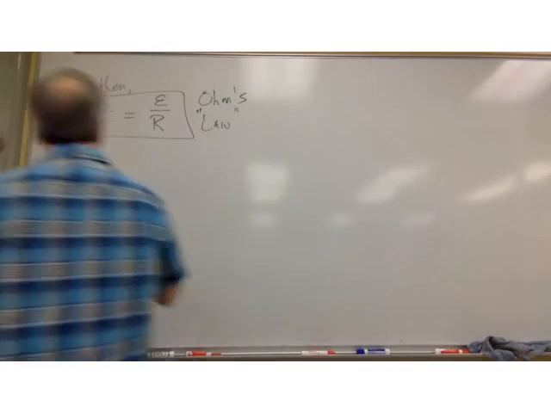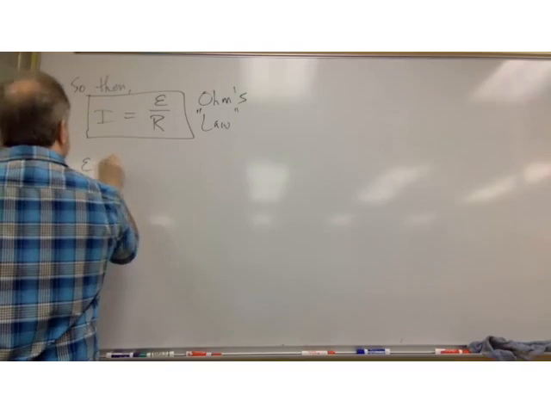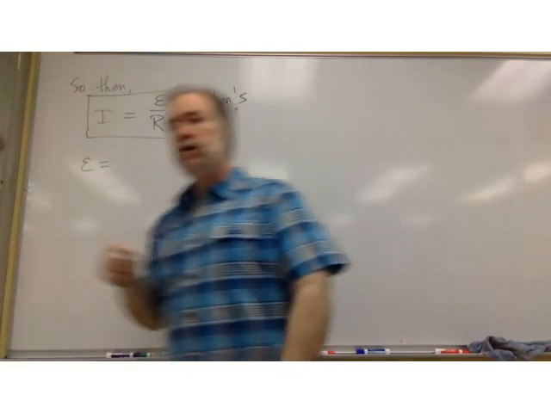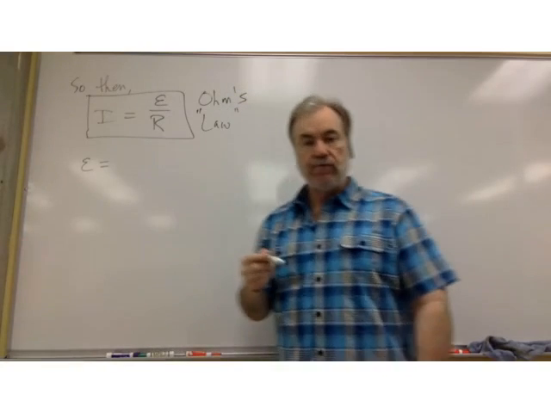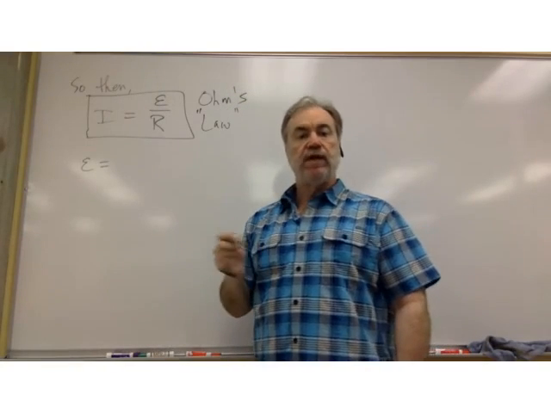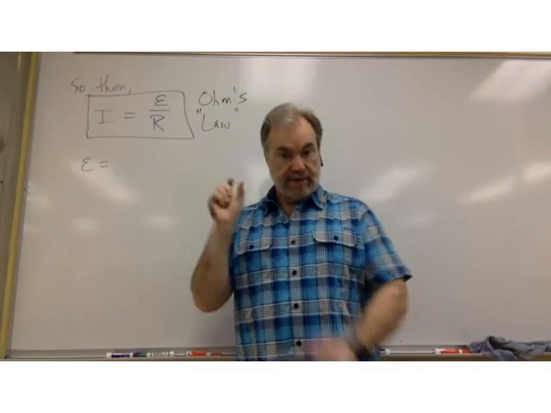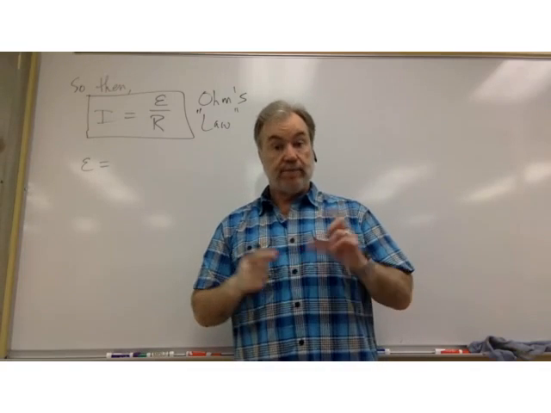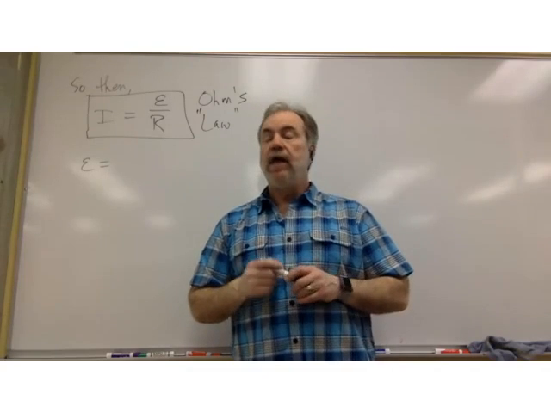What are we talking about? For example, if I have two batteries, two D cells marked 1.5 volts, I said a few minutes ago that the stamp on the side is the EMF, not the potential difference.